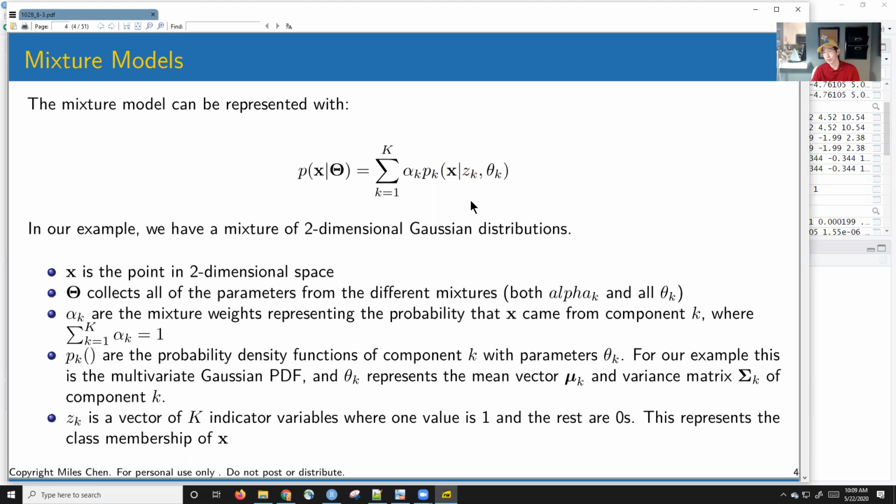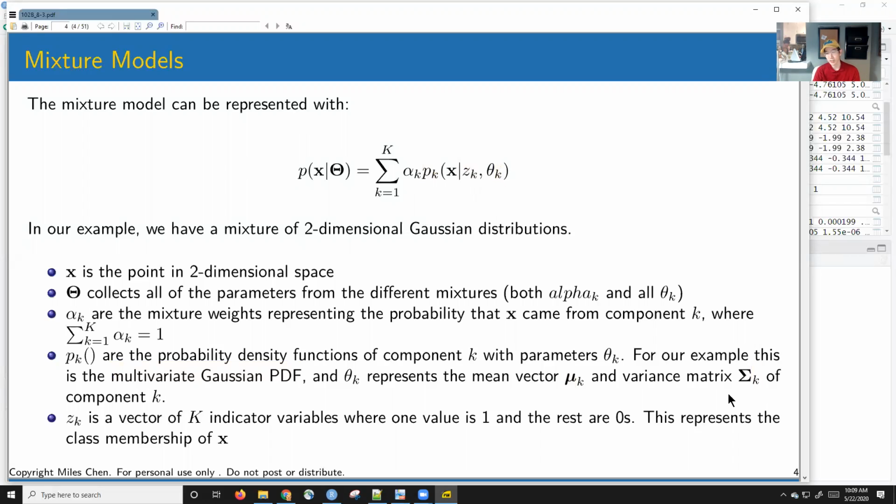It either belongs to class 1, 2, or 3, and so its probability depends on its class membership. So this is how we would represent it mathematically, and this is a generic representation that can be used for any mixture model. It's just that in our case, because we're doing a mixture of multivariate Gaussians, P sub k is the multivariate Gaussian PDF, and the theta sub k's are the mu's and sigmas.